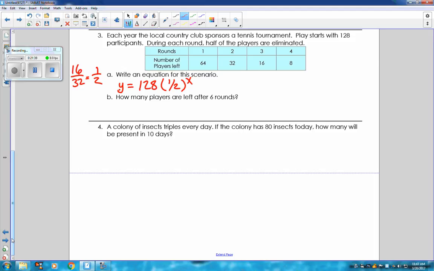Part B asks us to find how many players are left after 6 rounds. We're going to plug in 6 for x. So in your calculator, you're going to have 128 times 1/2 to the 6th power.